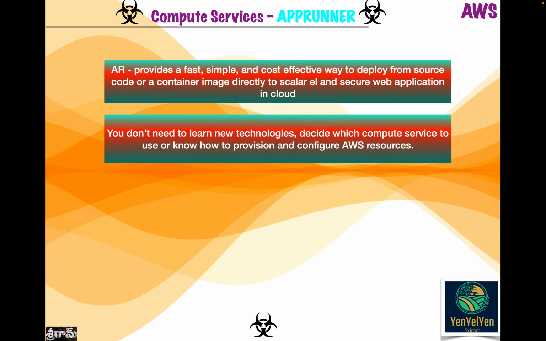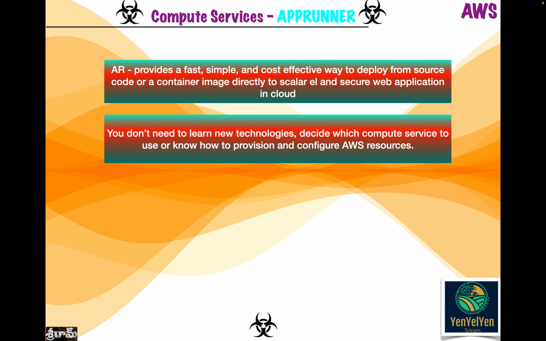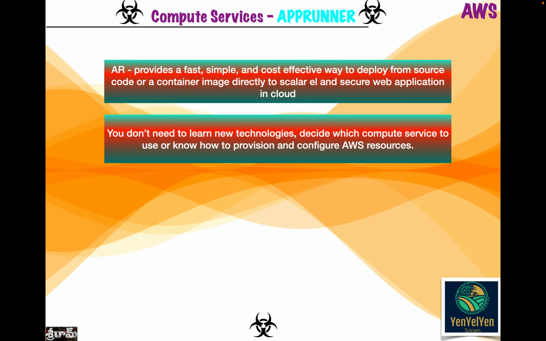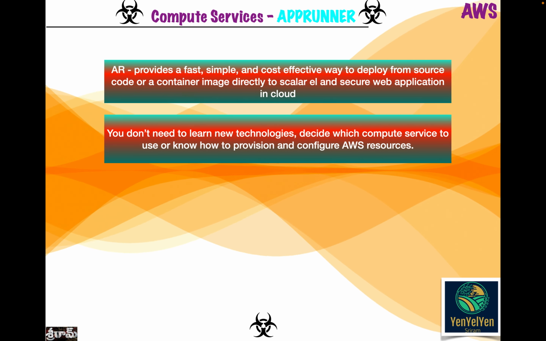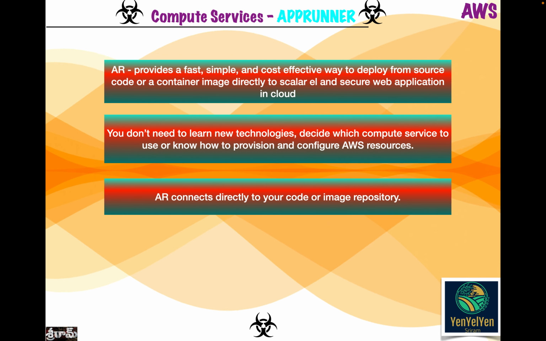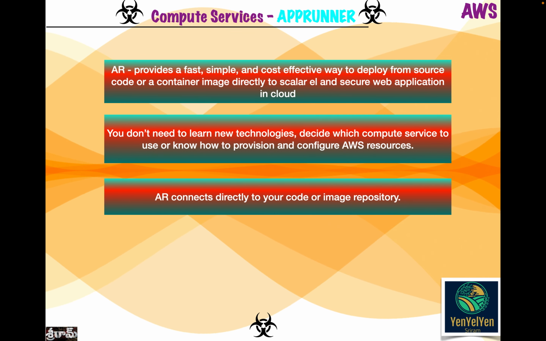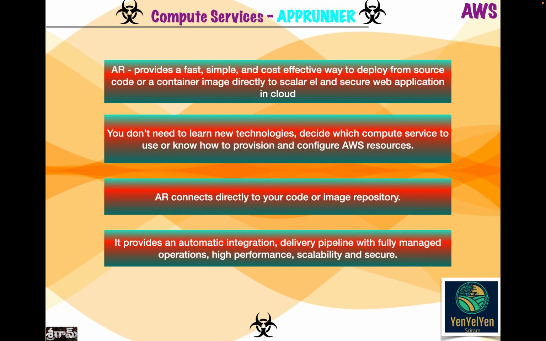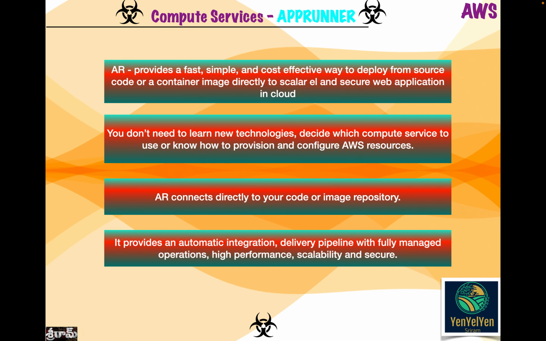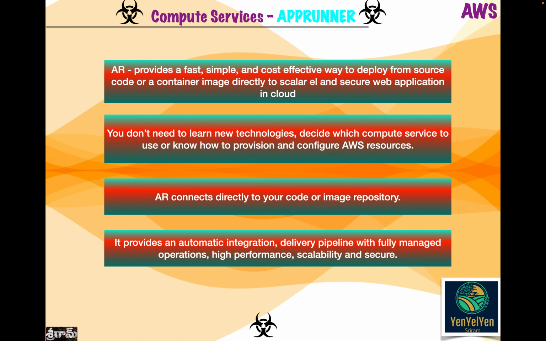You don't need to learn new technologies, decide which compute service to use, or know how to provision and configure AWS resources. AR connects directly to your code or your image repository. It provides an automatic integration and delivery pipeline with fully managed operations, high performance, scalability, and security.